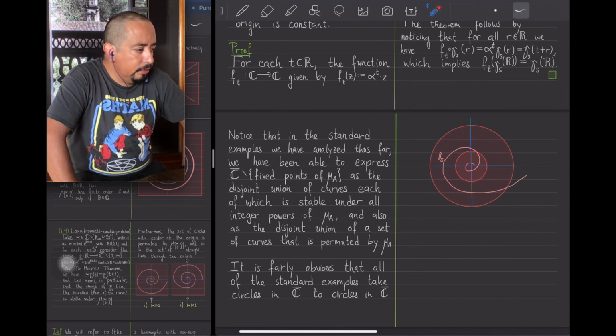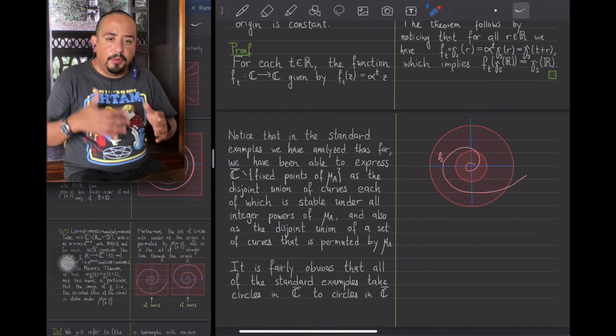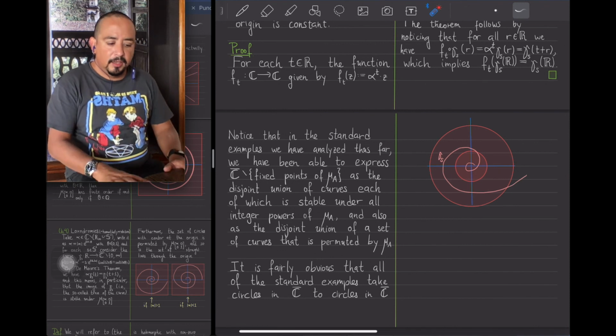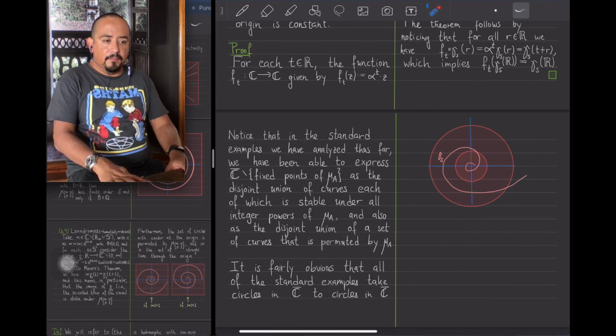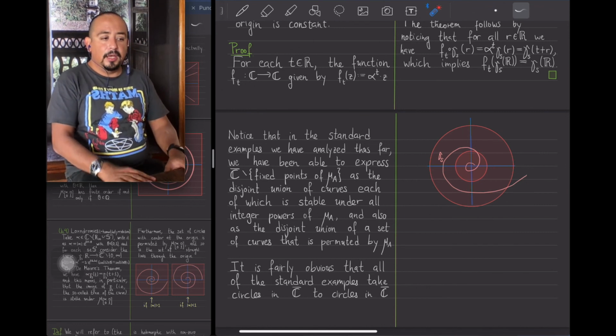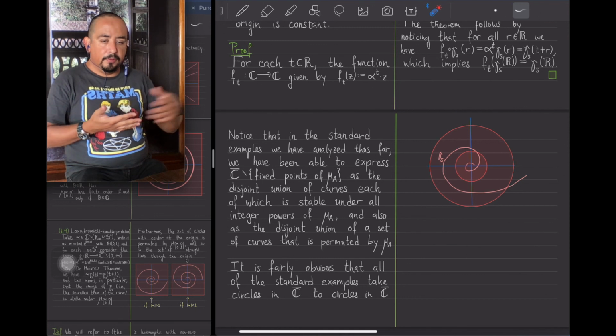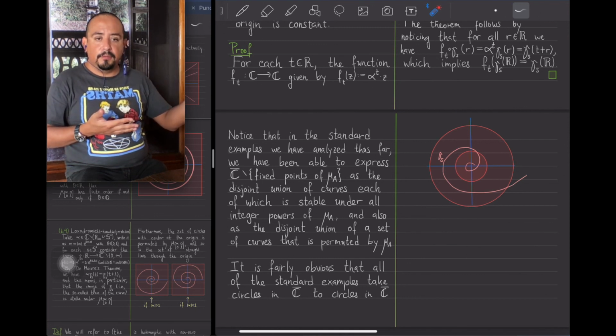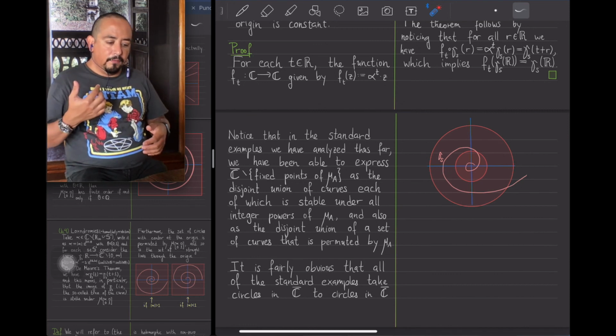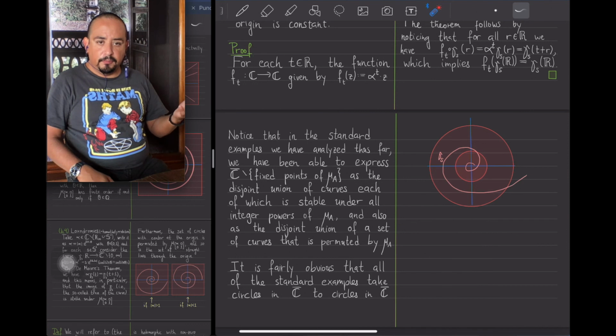And then we made a basic analysis in each of the standard examples, and in these examples we were always able to find a family of curves stable under the action of the integral powers of the Möbius transformation, and also to express C bar minus the fixed points as the disjoint union of a family of curves permuted by the Möbius transformation.